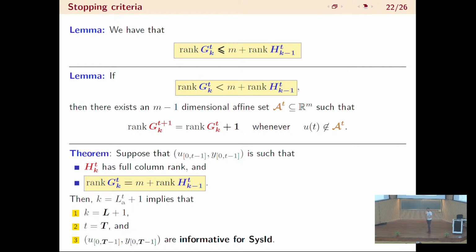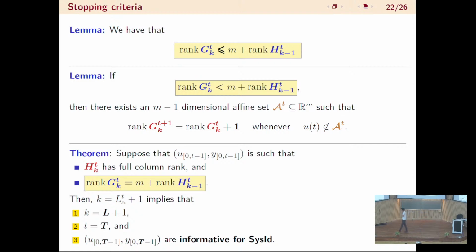But this is great, because this precisely gives me the stopping criterion. If this rank condition holds, I simply need to check whether my k is equal to L_A plus 1 or not. If my k, so the depth of the Hankel matrix that I'm considering, is indeed L_A plus 1, we're done. Because by the theorem, then the data are informative for system identification.